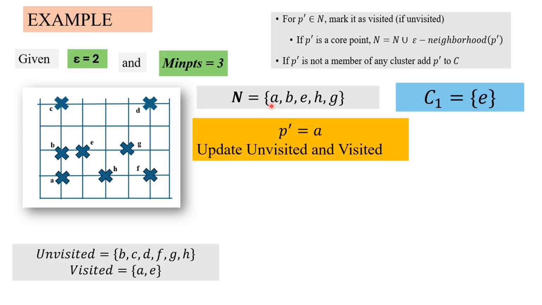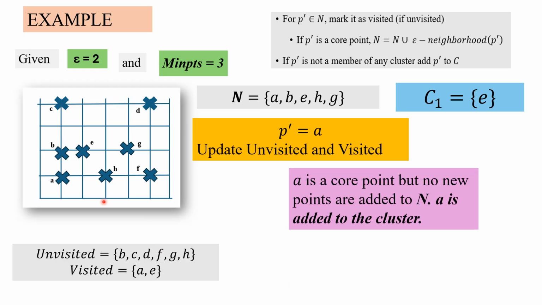So choose the first. See, this is the first P dash element of N. All of it we are marking. So P dash is A, and it was unvisited. So now it has been included into visited. A is a core point, as we can see. B, E, and H also are in its neighborhood. So what do we do when P dash is a core point?